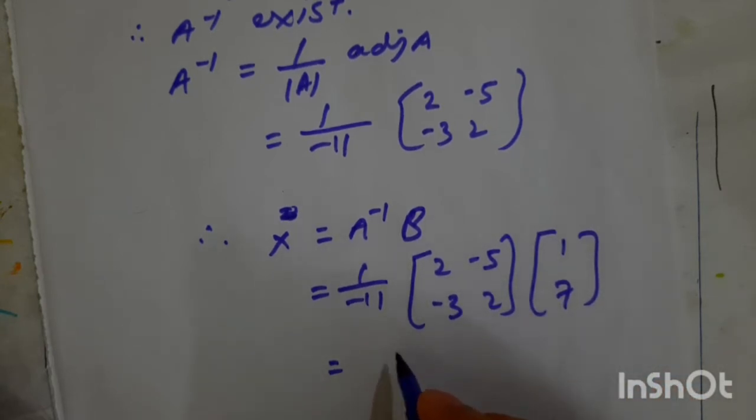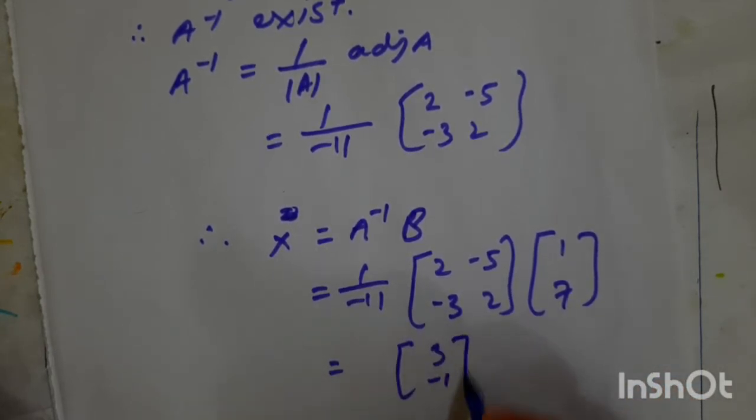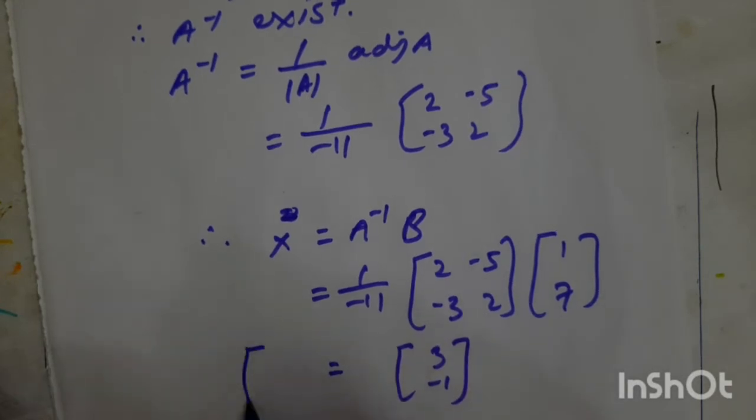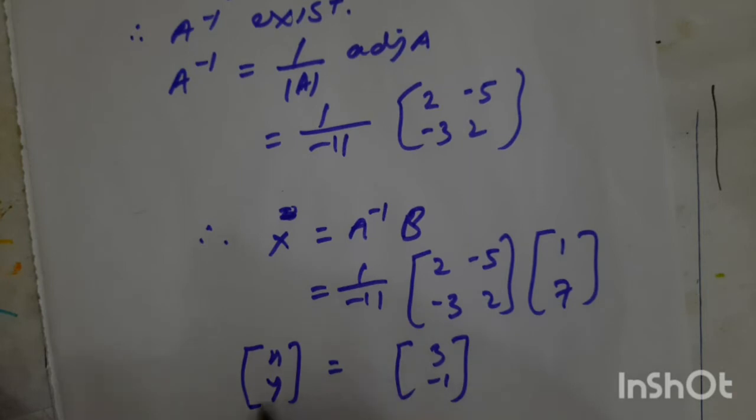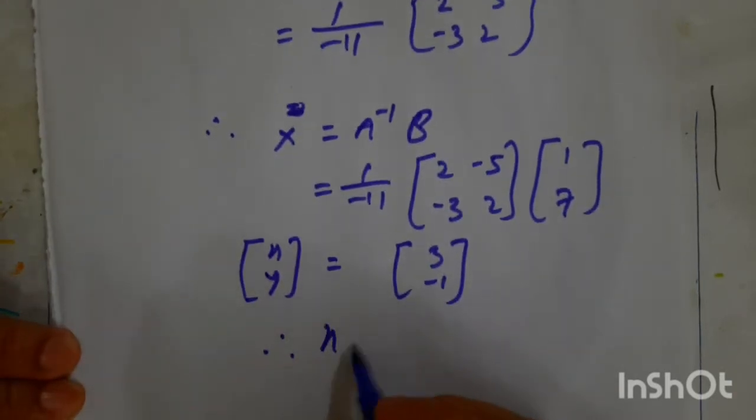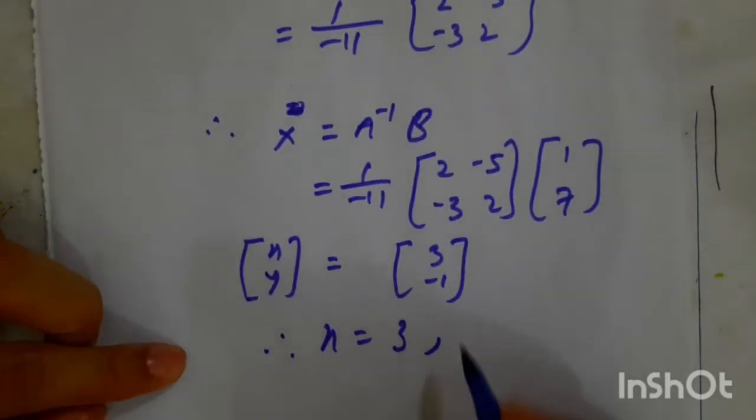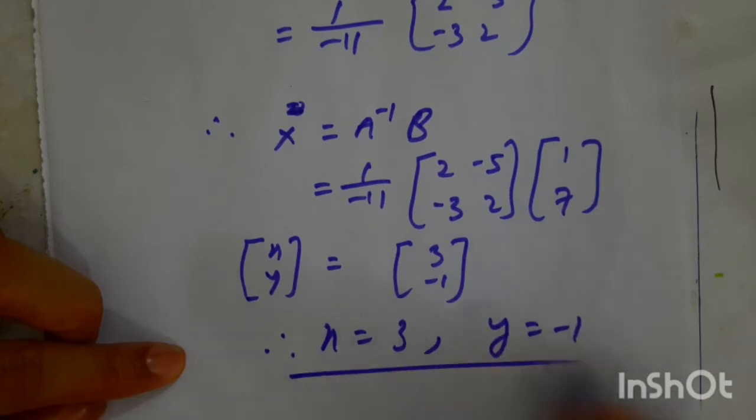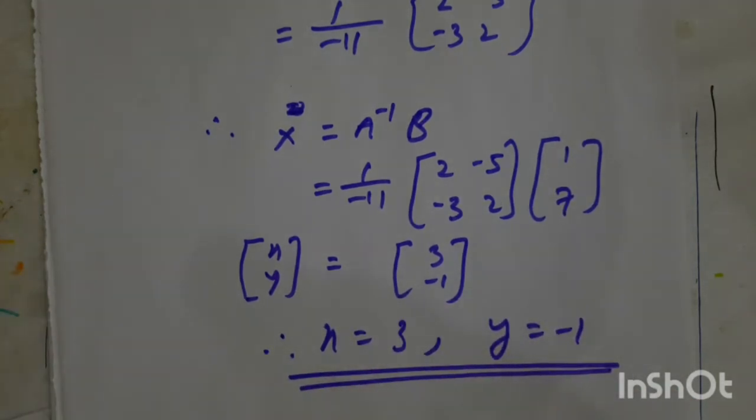You will get 3, minus 1, equal to x and y. By comparing these two, you can easily find the value of x equal to 3 and y equal to minus 1. That is the solution of our system of equations.